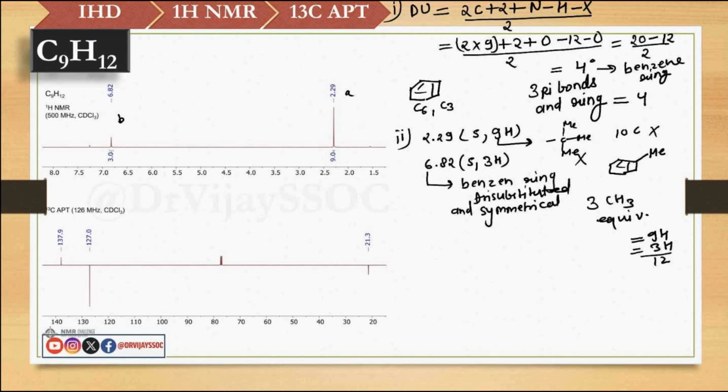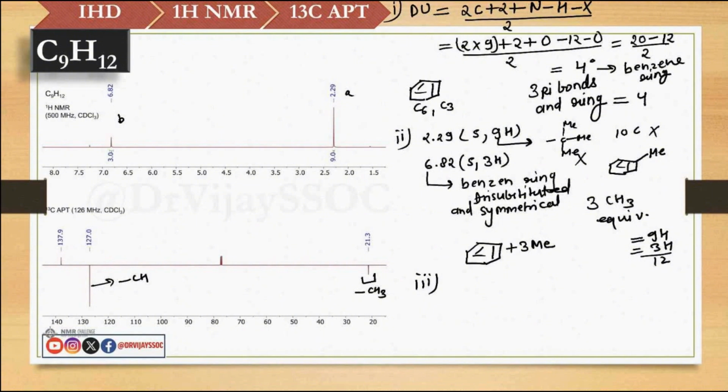So yes, we can say that there are 3 methyl groups on the benzene ring, but we don't know how to arrange them on this benzene ring. Now look at the 13C APT NMR. From this we can say that this signal corresponds to the methyl group, and this one corresponds to CH because it is in the deshielded region.